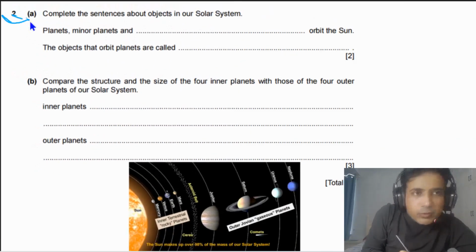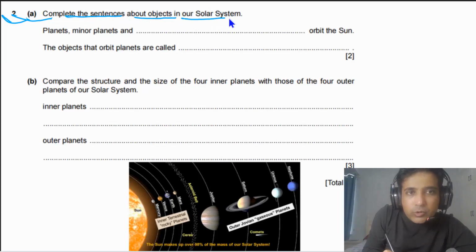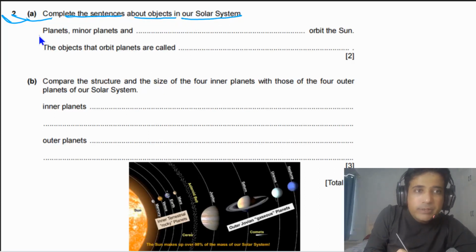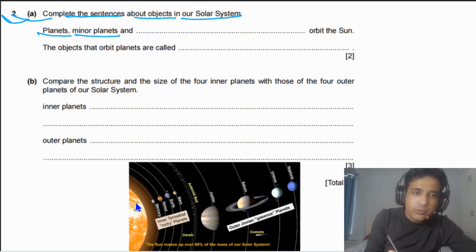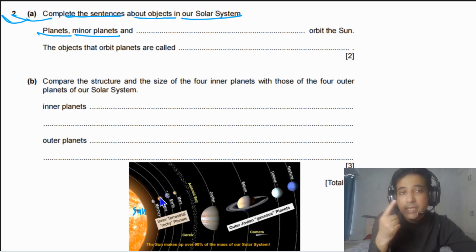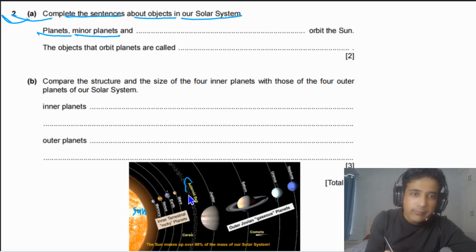For question number 2, part A, we need to complete the sentences about objects in our solar system. The question is asking us about planets, minor planets, and what orbit the sun. So if you look at this one, this is our beautiful sun. So we have planets, they are orbiting around the sun. There are minor planets like Pluto, and also we have asteroids and comets.